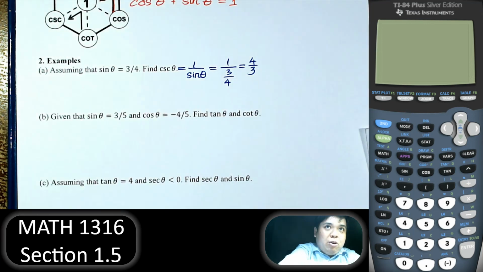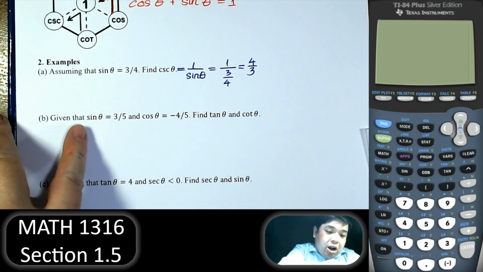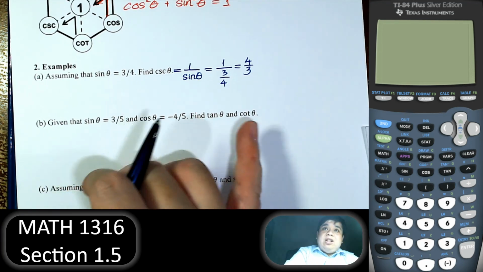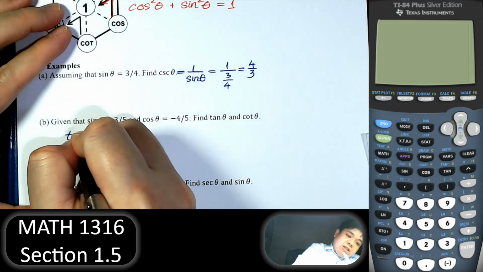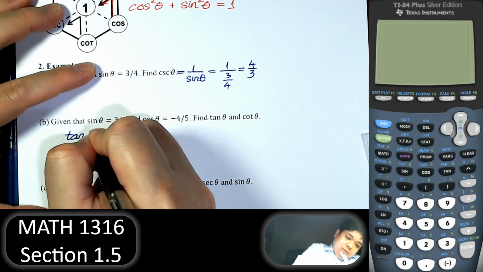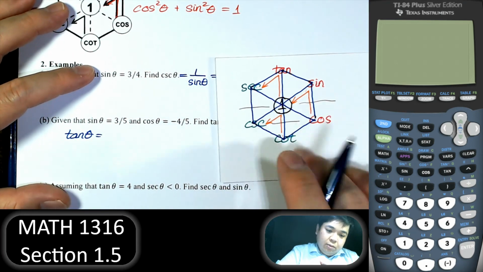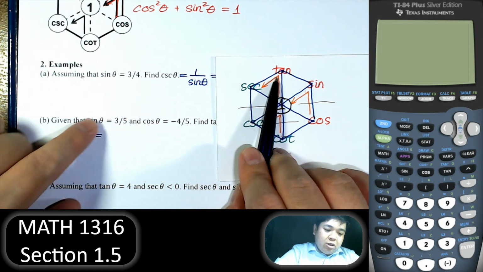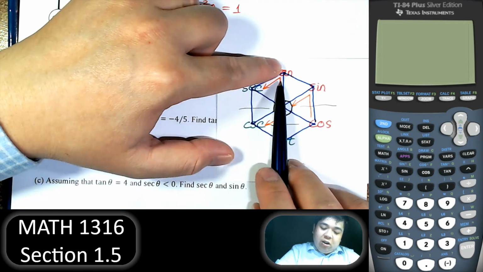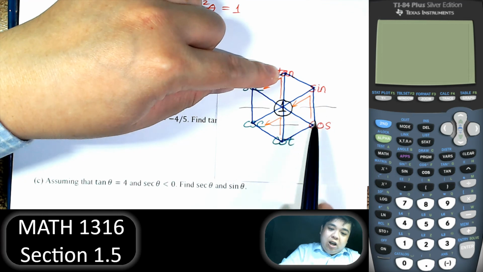It's simple enough. Now, knowing sine and cosine, find tangent and cotangent. So first, tangent. Put tangent on the top. We know sine and cosine, right? So tangent is equal to sine over cosine.